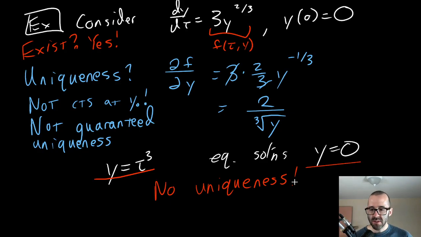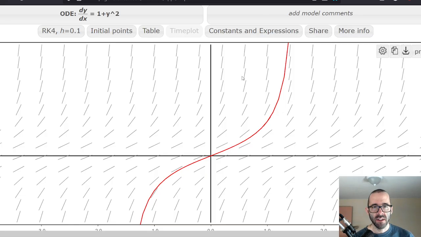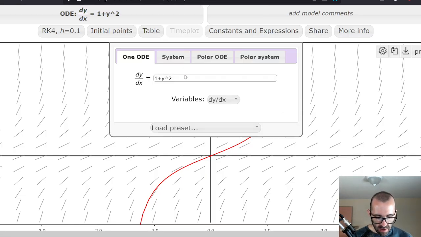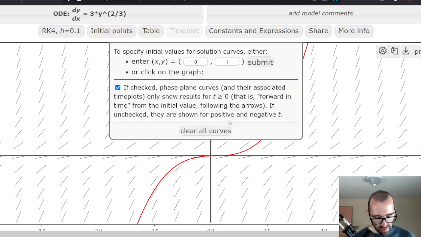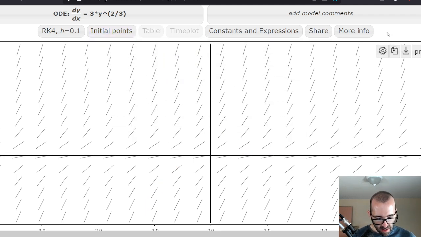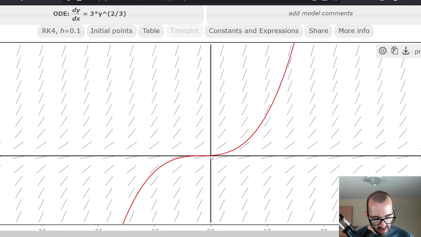All right. Let's look at a slope field that models this initial value problem. So over here, we have 3 times y to the 2/3 power. We get a slope field. Let's clear all this. We can see that we start at 0, 0 roughly. Oh yeah, the t cubed. That's great.